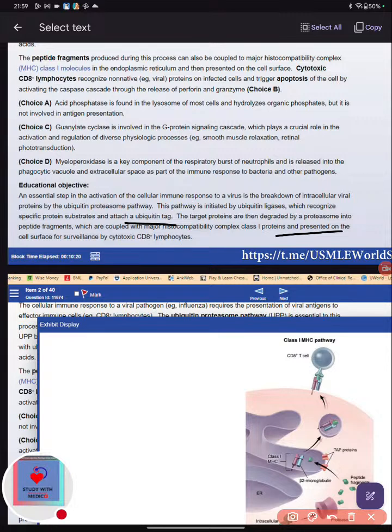Class 1 proteins are presented on the surface for surveillance by cytotoxic CD8 plus lymphocytes. So ubiquitin is a very important thing. Remember this pathway, and myeloperoxidase is a key component of the respiratory burst of neutrophils, as you already know.